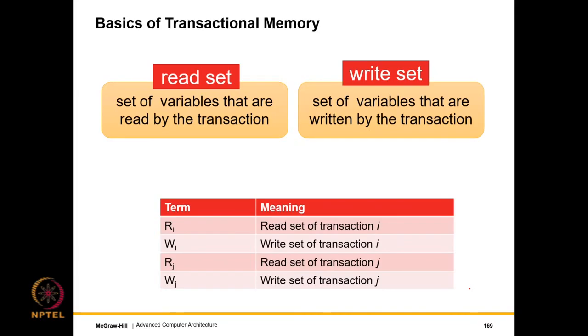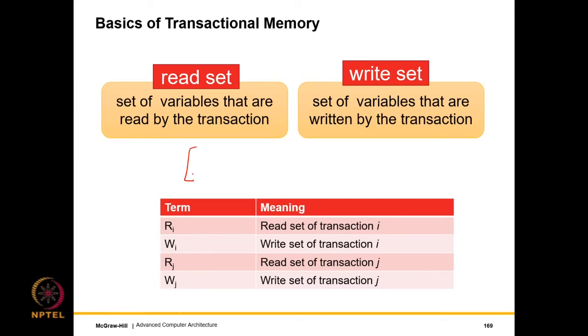Let us now look at the basics of transactional memory. We have a read set and a write set for a transaction or a set of transactional statements. The read set is the set of variables that are read by the transaction. Similarly, the write set is the set of variables that are written by the transaction.